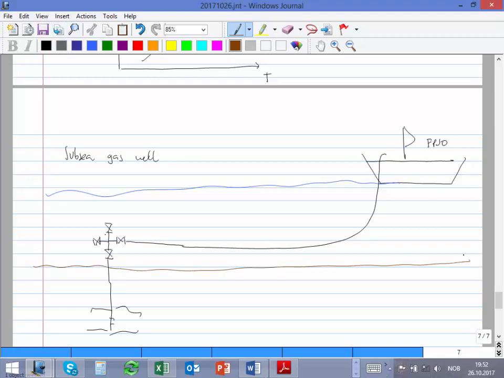So I have to inject this inhibitor, and as a problem might happen someplace in the line, I have to be sure, and I have to send it to the place where it starts to cool down, because it might happen any place in the pipe. So what I do, I send another pipe from this FPSO down. Let me use another color.